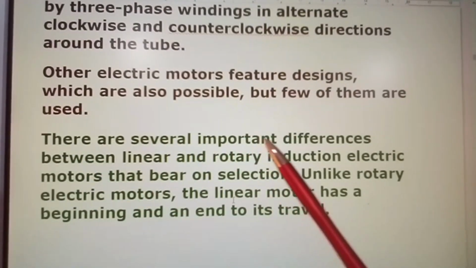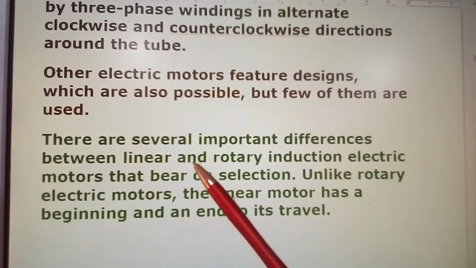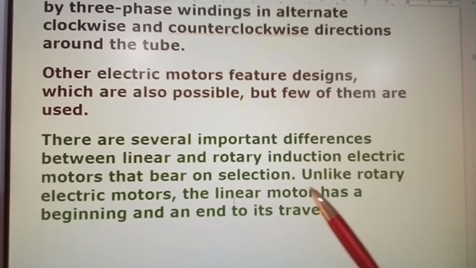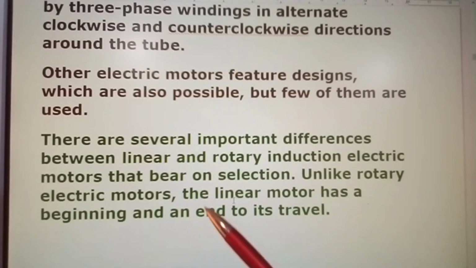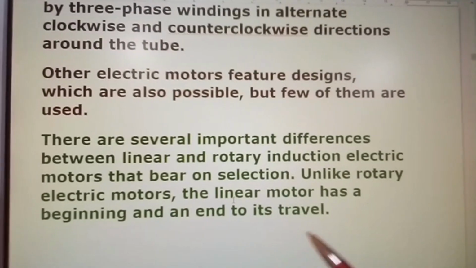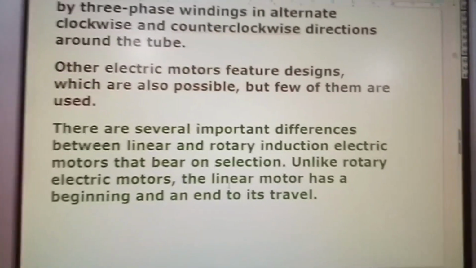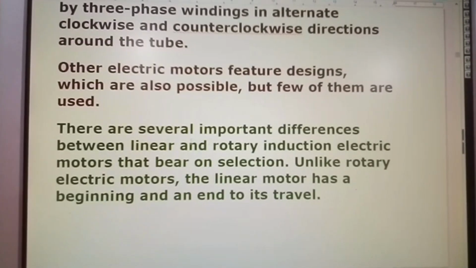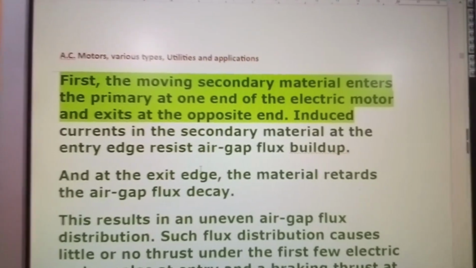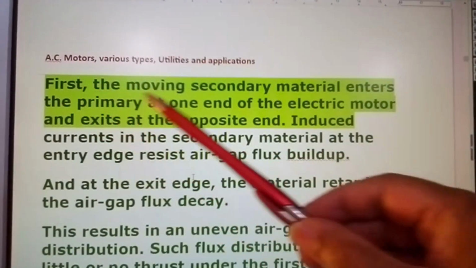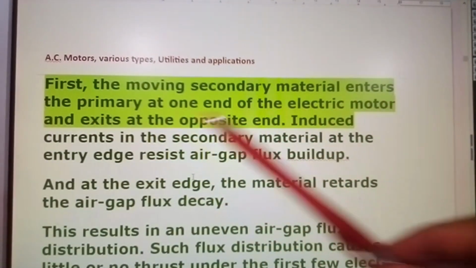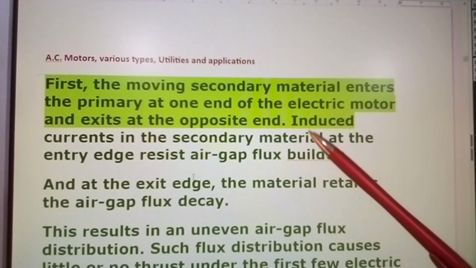There are several important differences between linear and rotary induction electric motors that bear on selection. Unlike rotary electric motors, the linear motor has a beginning and an end to its travel. First, the moving secondary material enters the primary at one end of the electric motor and exits at the opposite end.